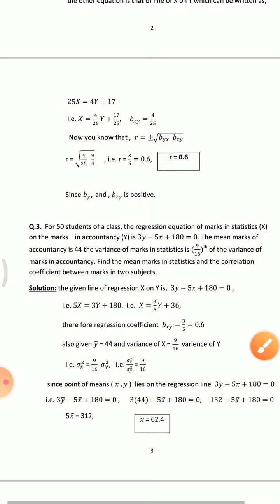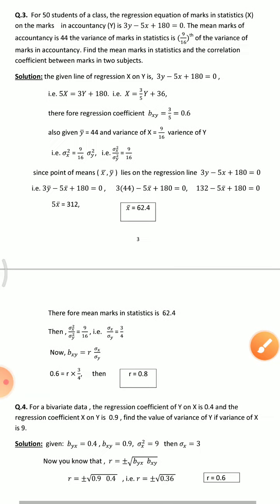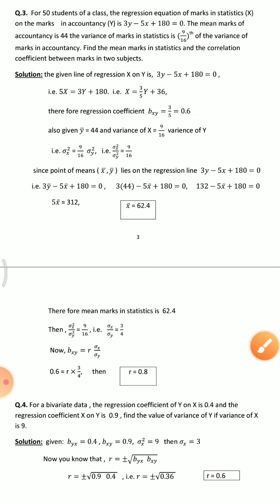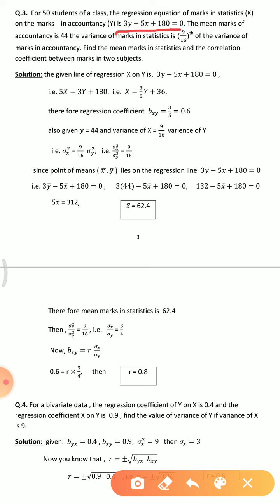Next, see question number 3. For 50 students of a class, the regression equation of marks in statistics, capital X, on the marks in accountancy, capital Y, that means the regression equation of X on Y, is 3y minus 5x plus 180 is equal to 0.